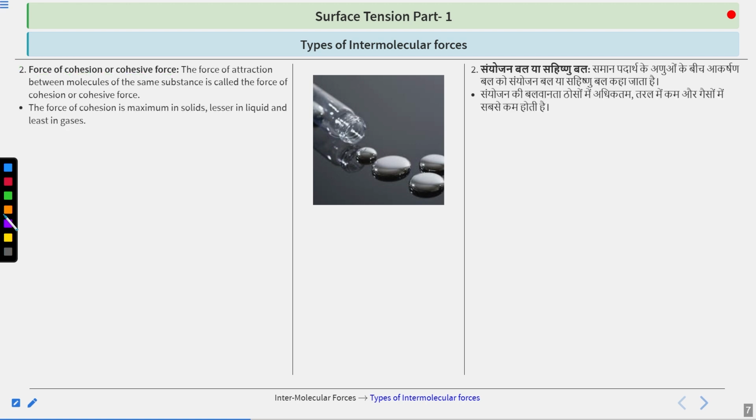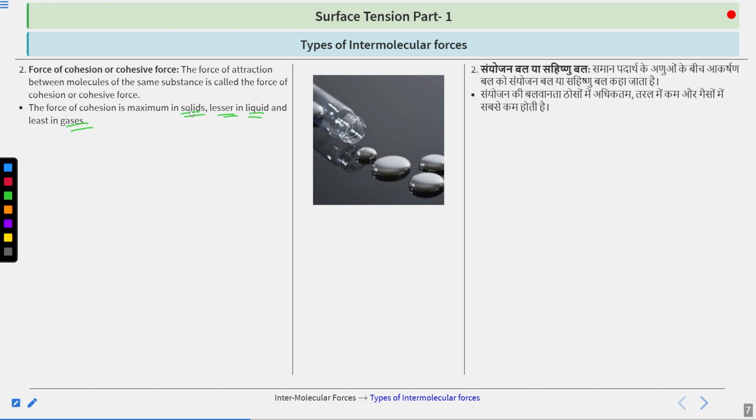The force of cohesion is maximum in solids, lesser in liquids, and least in gases. That's why the molecules in a solid stick together with more force, so it is hard to separate them. That's why it's hard to mold the shape of a solid or break it. It is lesser in liquid in comparison with solid, so we could easily change the shape of a liquid and pour it out.